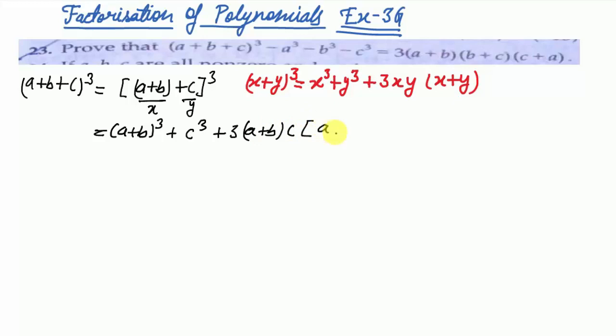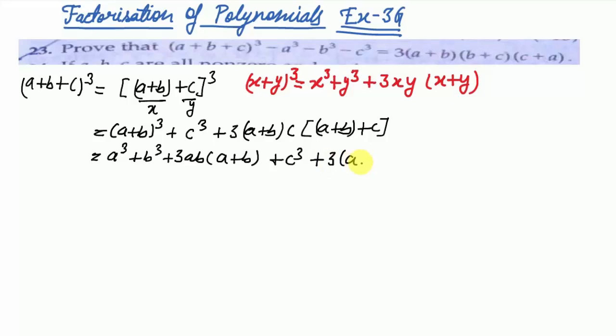So a plus b plus c, and (a plus b) whole cube. This is also of this form, so applying the formula: a cube plus b cube plus 3ab into (a plus b) plus c cube plus 3 into (a plus b) and c का inside multiply.